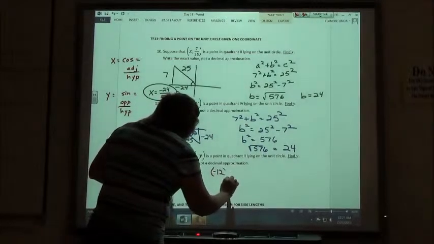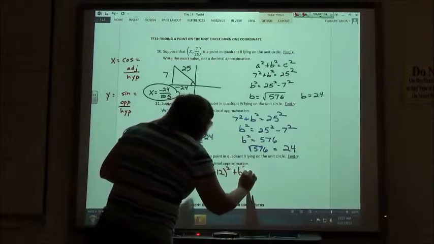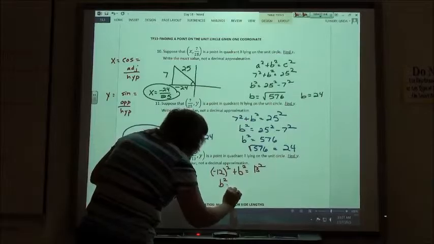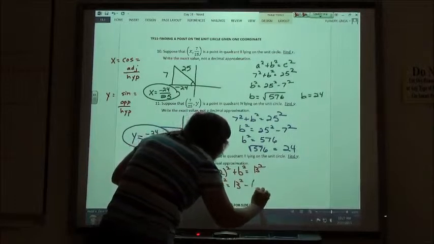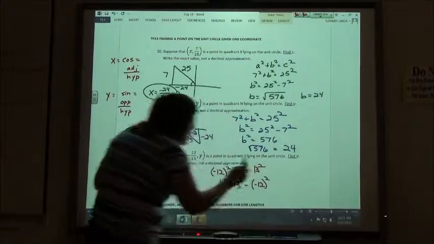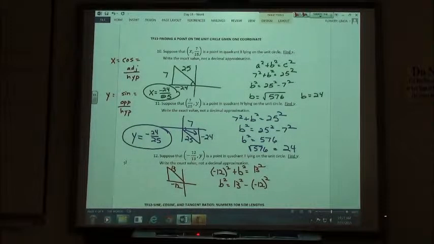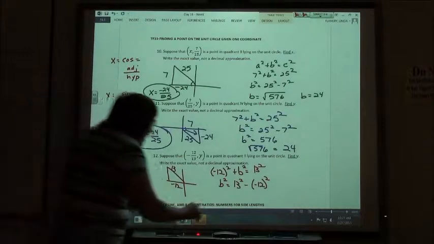So negative 12 squared plus b squared equals 13 squared. B squared is going to equal 13 squared minus my negative 12 squared. And you know when we square that negative, it's going to become a positive. 13 squared minus my negative 12 squared, make sure you use the parentheses, is 25.